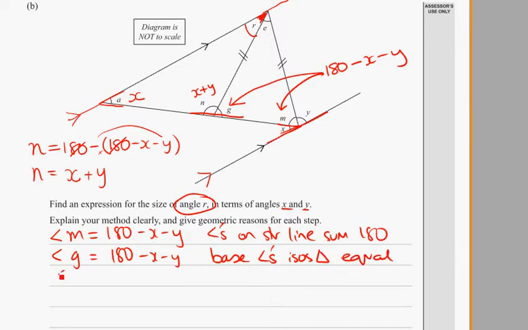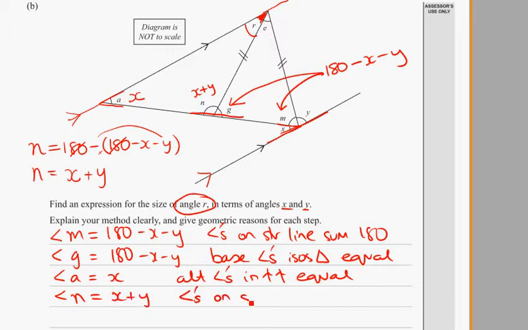We also found angle A to equal x. That was using alternate angles in parallel lines are equal. Right, next thing we found was N using the G. N equals x plus y. That was using angles on a straight line.